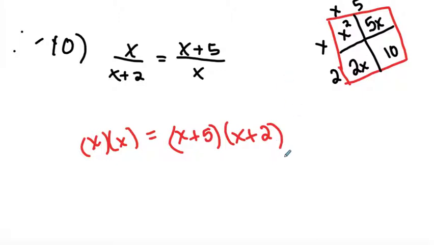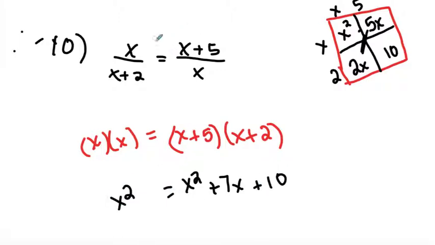Okay, so then I add all those together, I have 1x squared. I combine these like terms, the 5x and the 2x, to get 7x, and then I have plus 10 equals x squared. So it is a quadratic. However, when you subtract the x squared from both sides, it goes away.